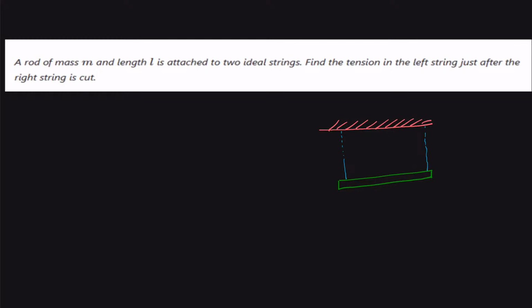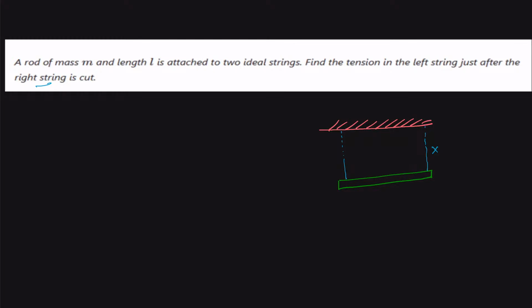And one of the strings, that is the right string, is cut. So we cut this string, and we have to find out the tension in the left one when the string is cut. We have to remember that as soon as the right string is cut, the rod will be no longer in equilibrium.